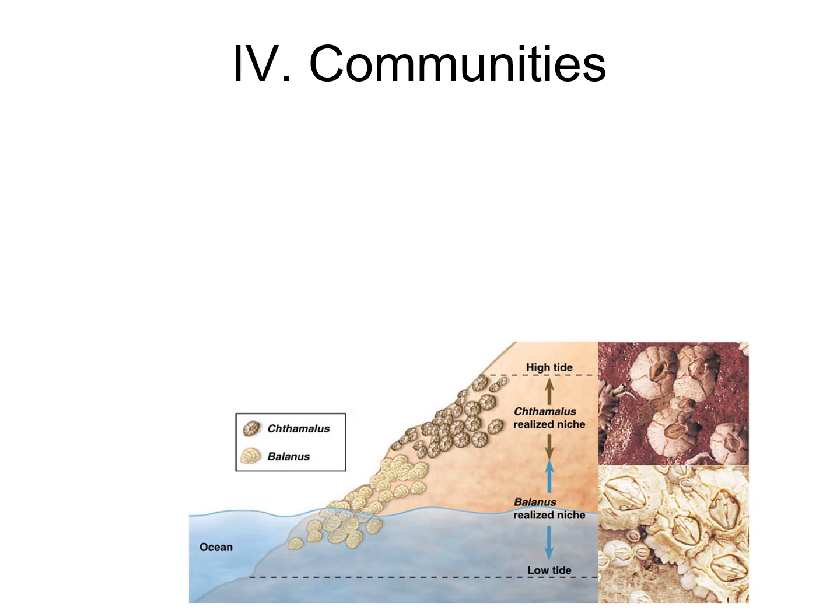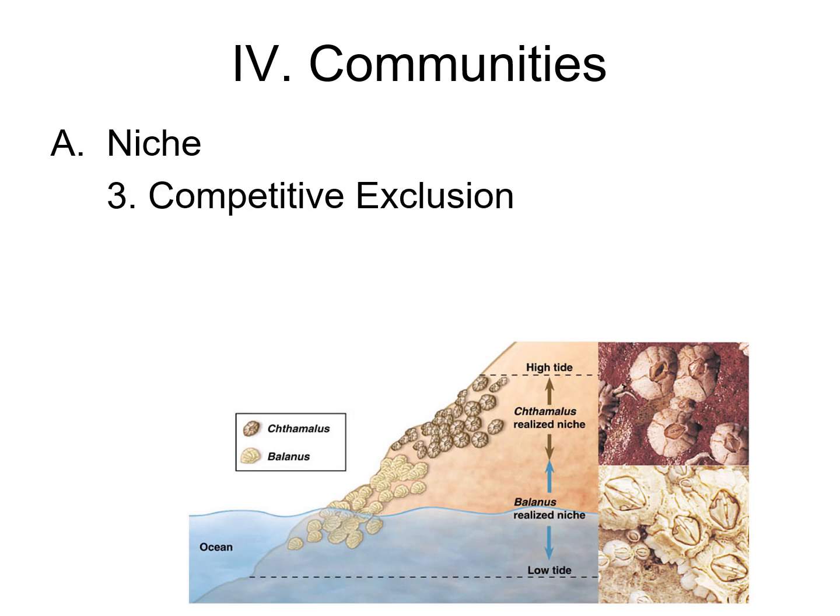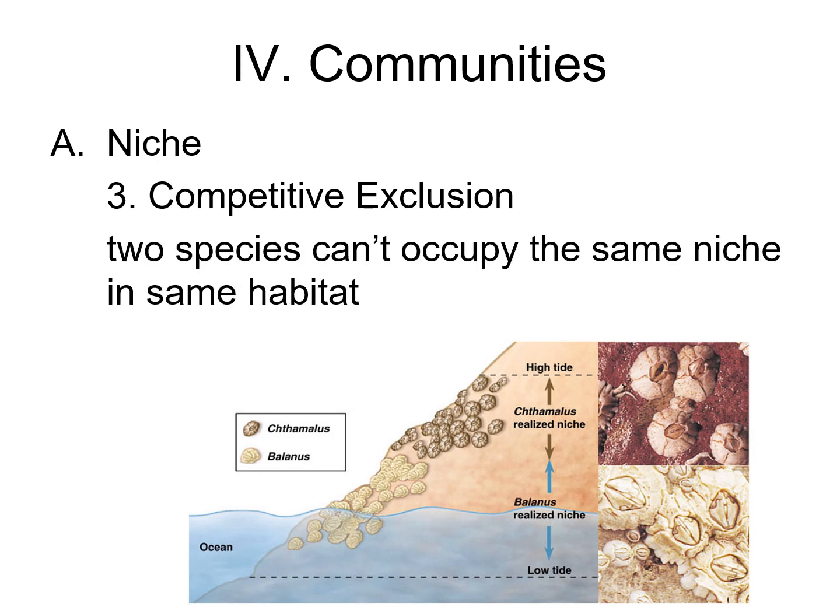And what will happen is one species will outcompete the other. This is what we refer to as competitive exclusion, right? The idea that two species cannot occupy the same niche in the same habitat.